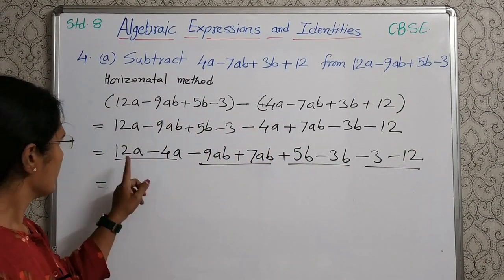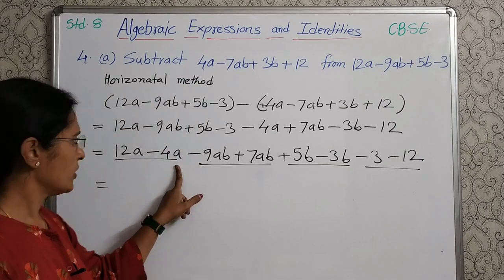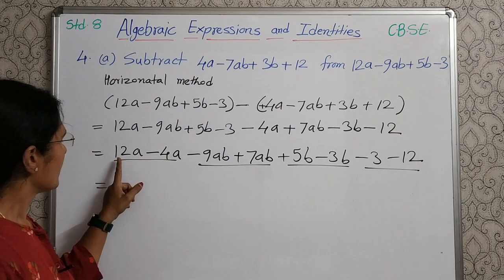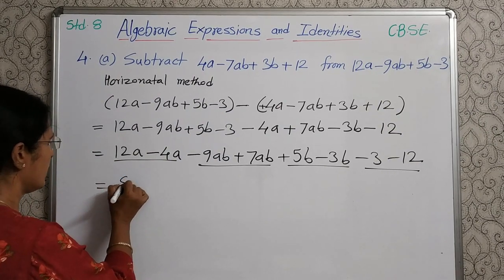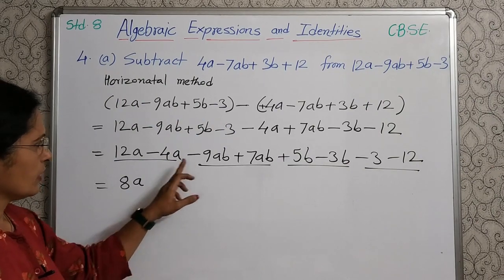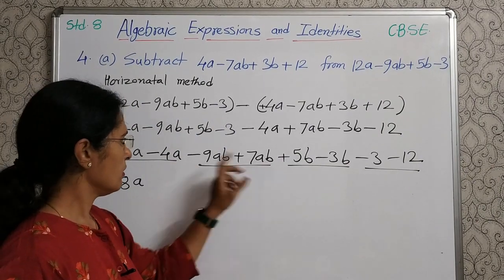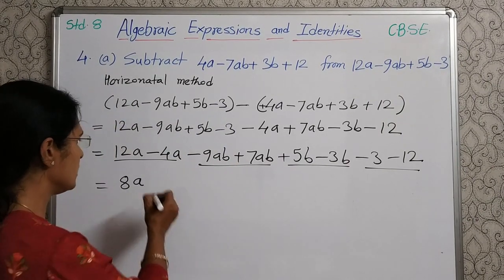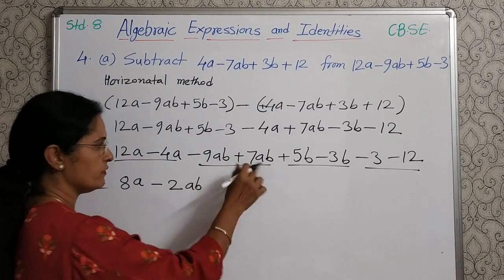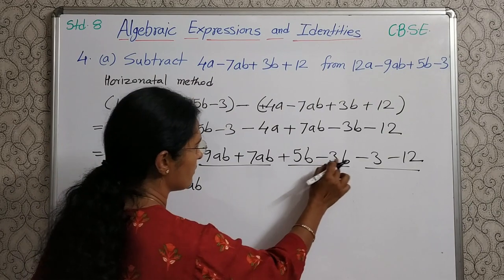Now solve. 12a minus 4a. So a is a common variable. Now 12 minus 4 is 8 and the common variable a. So 8a. Minus 9ab plus 7ab. So minus 9 plus 7 is minus 2 and ab the common variables. Plus 5b minus 3b.